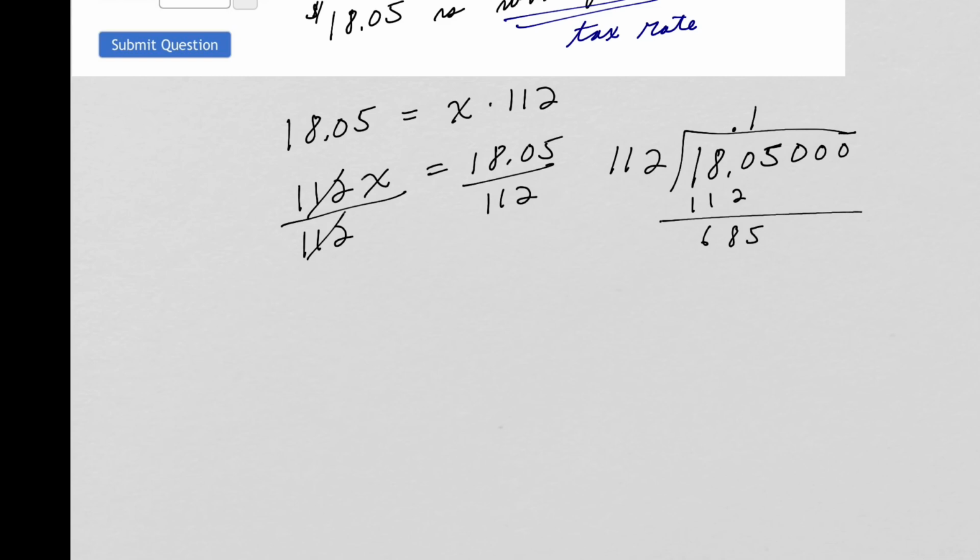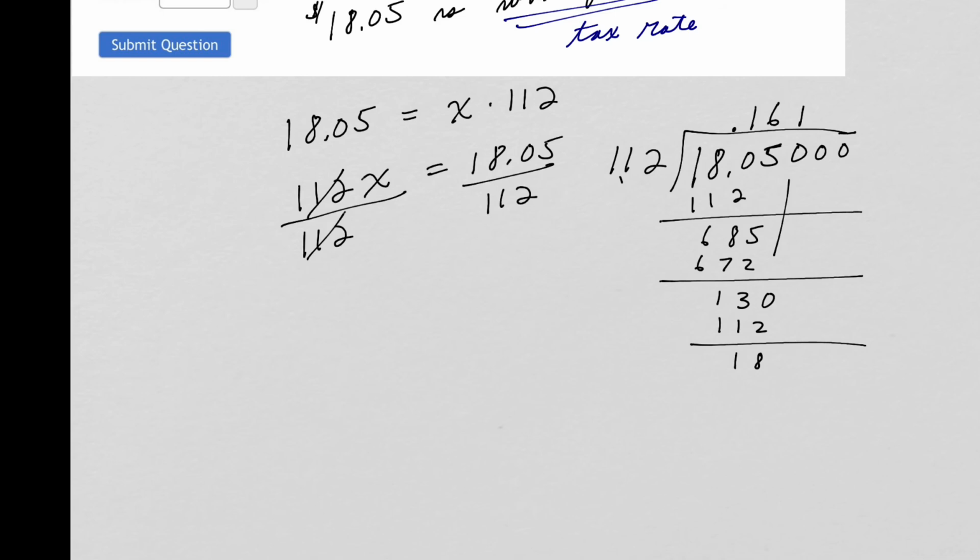And then 112 into 685 goes in 6 times. 6 times 12, 1. 6 times 1 is 6, plus 1 is 7. And then 6 times 1 is 6. I subtract again, so this will be 3, 1. Bring down the next digit, 0. 112 into 130 is just once. So this is going to be 112 again. Subtract, this will be 8, 1.